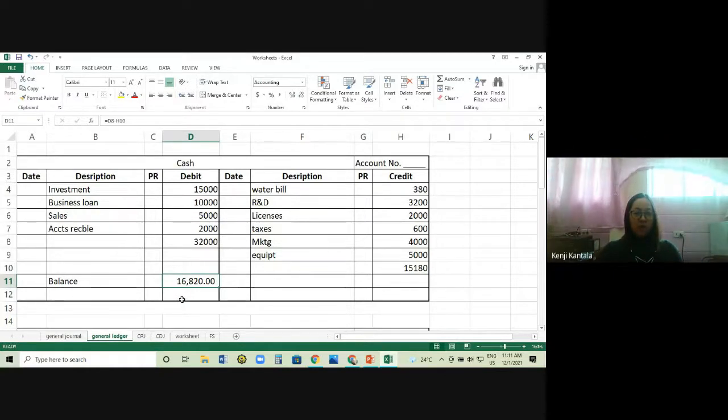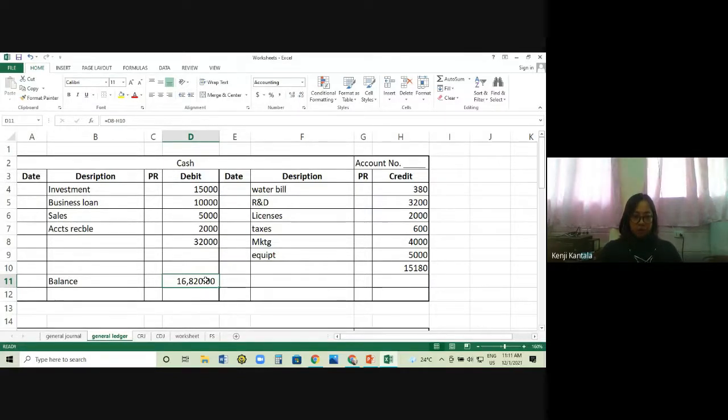Kapag may difference sa amount na yan, ibig sabihin, may error. It's either sa records mo or may error sa cash keeping mo. For example, sa petty cash mo, halimbawa may hindi ka binalik na sukle, ganun. So, hindi siya nabilang sa cash count mo.